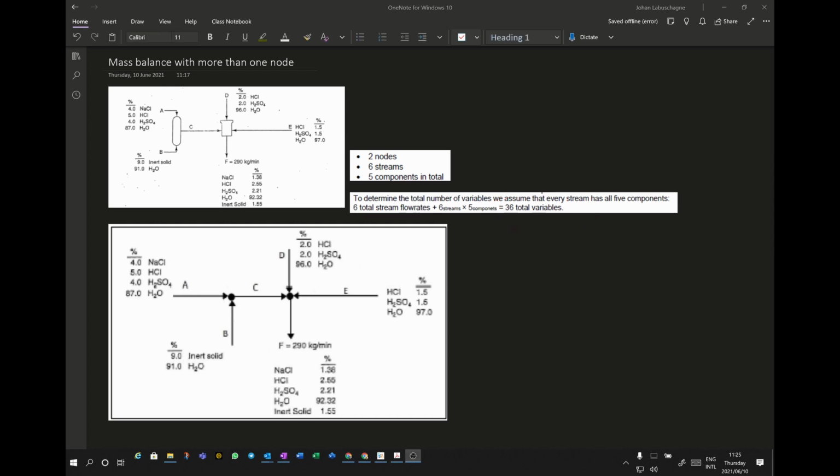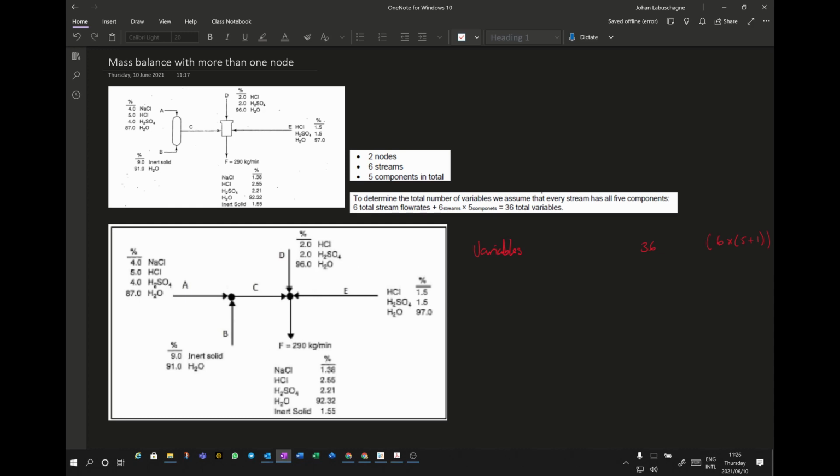So let's do the analysis. Variables: 36, and we got that by saying there are 6 streams with 5 components and 1 flow rate, giving me 36.